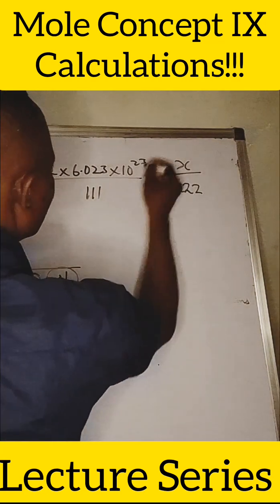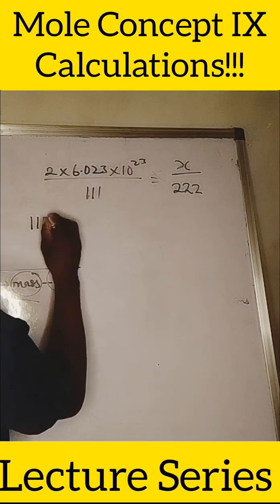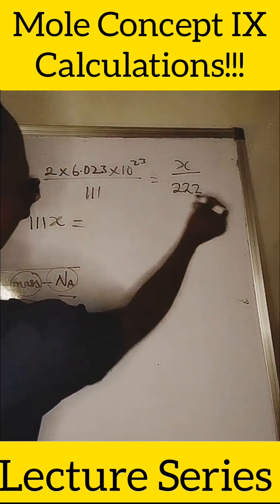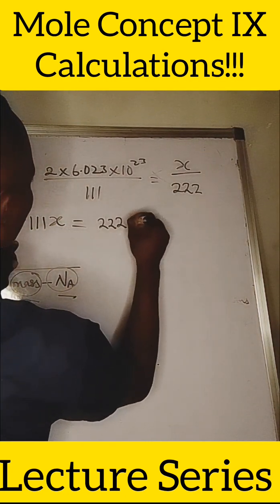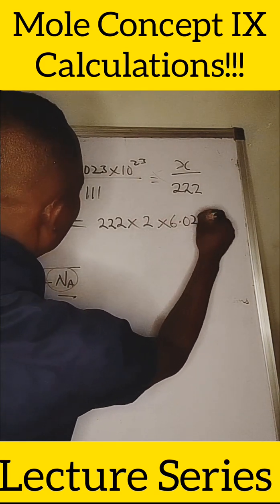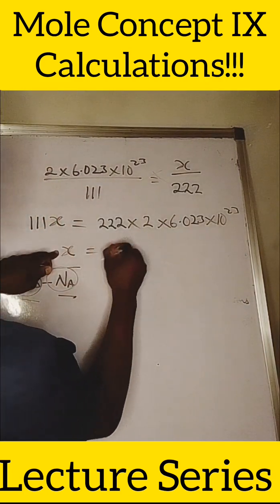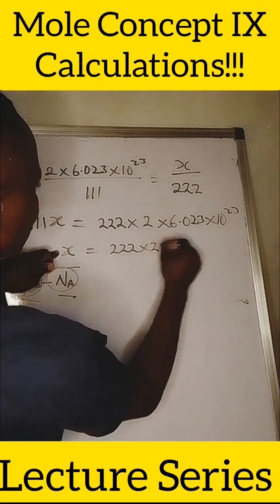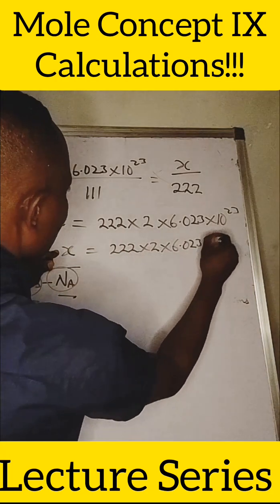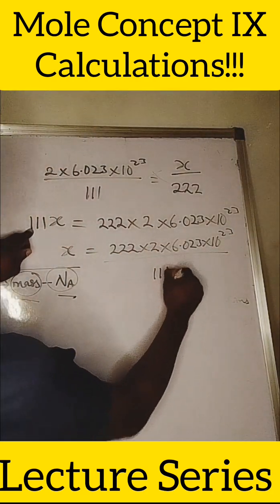So when we clear the fraction, we have 111x equals the whole of this times 222, 222 times 2 times 6.023 times 10 raised to the power 23. So x alone will give us 222 times 2 times 6.023 times 10 raised to the power 23 all over 111.